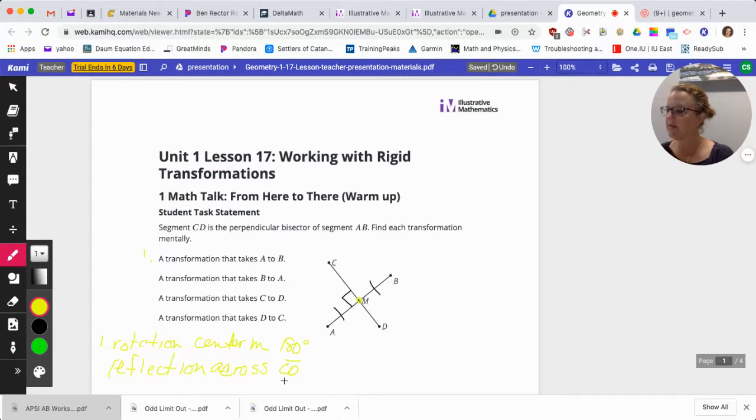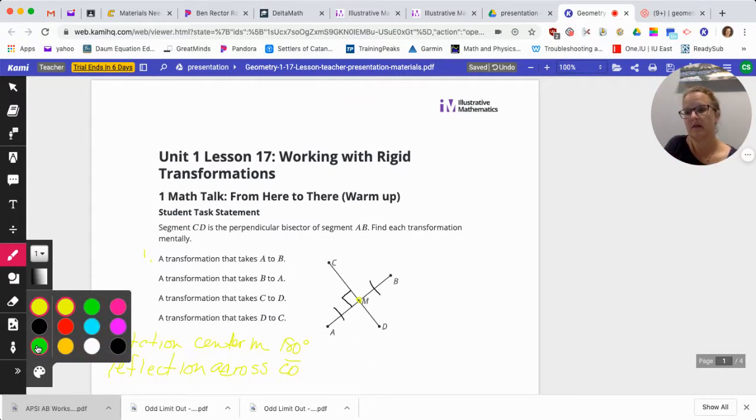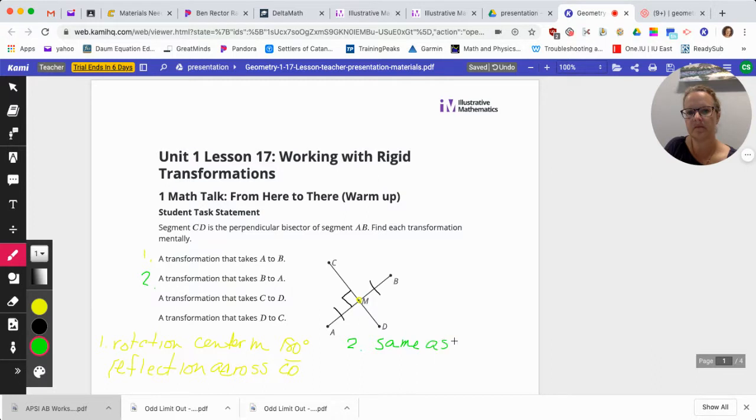Reflection across CD, rotation 180 degrees around center M. They listed both of them. I listed one. All right, number 2, a transformation that takes B to A. Really the same as 1. Yep, cool.